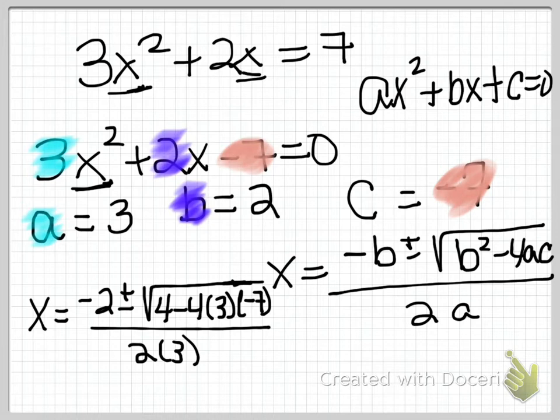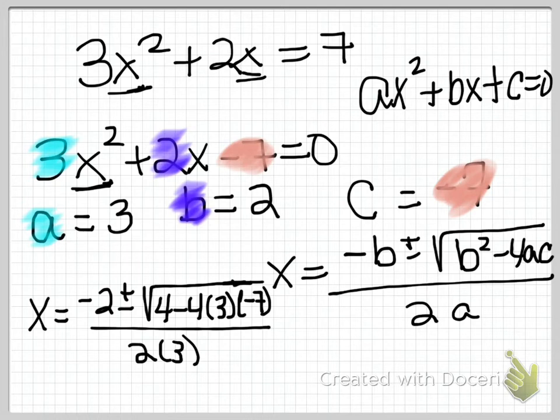Now we have us an algebra problem, and please remember, guys, to follow your order of operations. Underneath our radical here, we must follow our order of operations. We must not fall into that trap of doing this subtraction first. We must do our multiplying first. We're going to say negative 4 times 3 is negative 12. Negative 12 times negative 7 is positive 84.